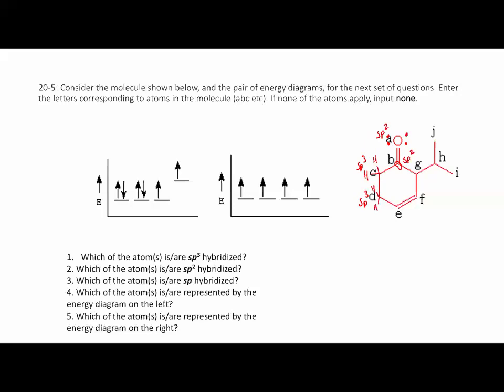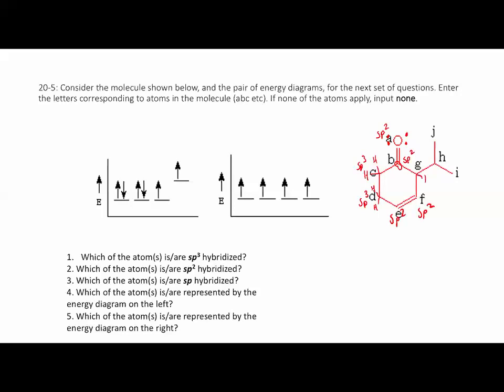E is forming a double bond with F. This contains a sigma bond and a pi bond. E has 3 sp2 orbitals and 1 p orbital, forming that double bond with F. So E and F are sp2 hybridized.